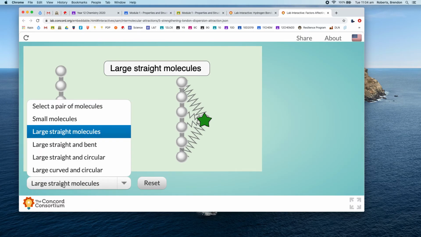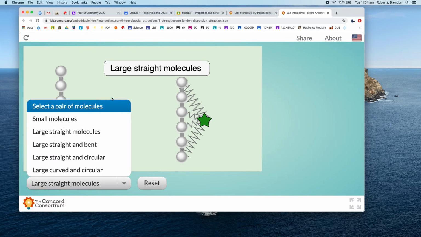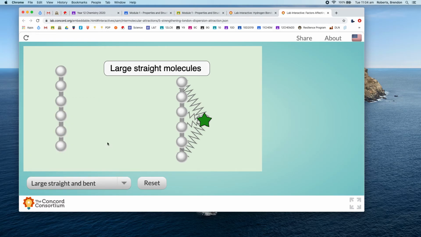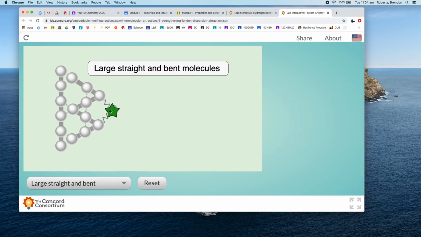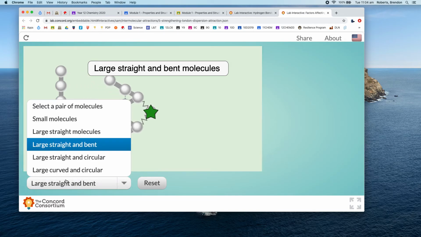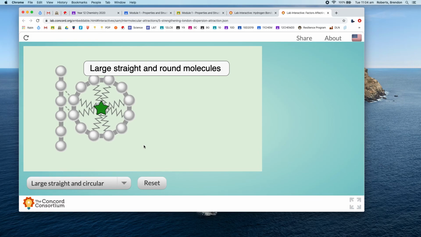Remember, contrast this to the dipole-dipole attraction. They're coming away a lot easier, but still, the longer particle took more force than the small. We've got a large straight and a large bent one there, less than the 2 straight ones, and a large straight and a circular one.